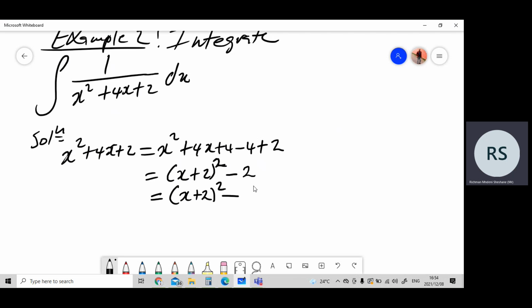So what is 2? 2 is the square root of 2 squared. You see square and square root cancel, so you're going to be left with 2 and get back your 2, okay, when you need it. But we just need to write this expression in terms of 2 terms and both terms squared, okay?